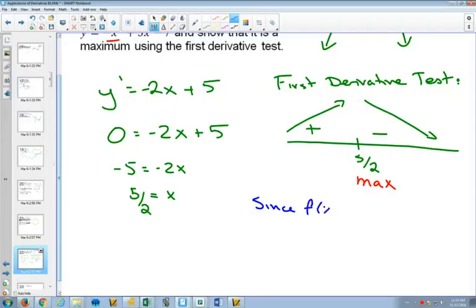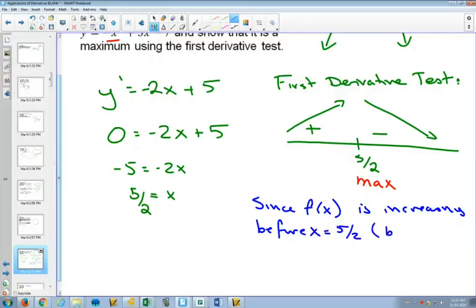Since f of x is increasing before x equals 5 over 2, and we know that because f prime of x is greater than 0 before x equals 5 over 2.